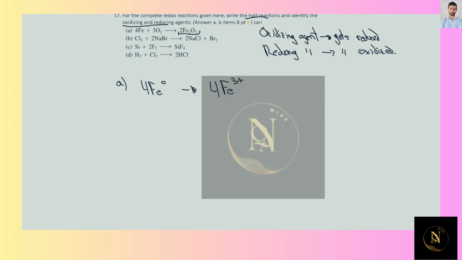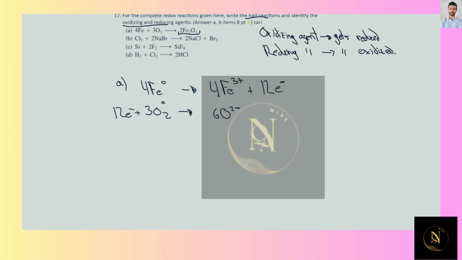In order to balance this reaction, we need to add a total amount of 12 electrons, 4 times 3, to balance all of the charges over here. And on the other half reaction, we're going to have oxygen, which goes as 0, that is going to generate 6 of oxygen 2 minus, which is going to require as well 12 electrons.